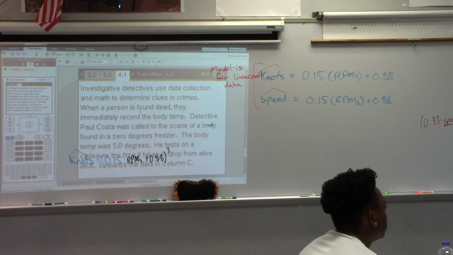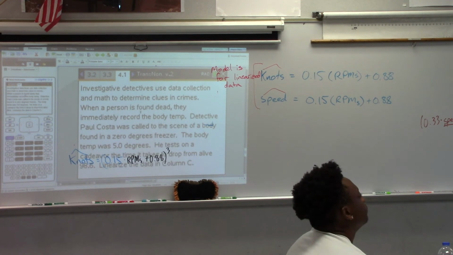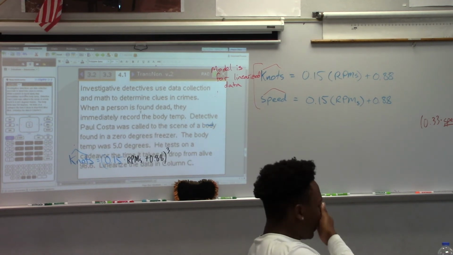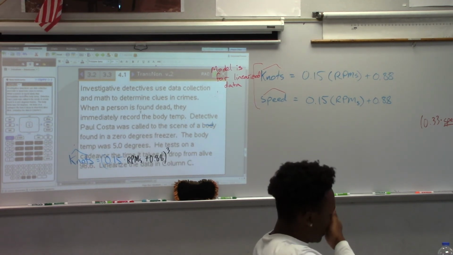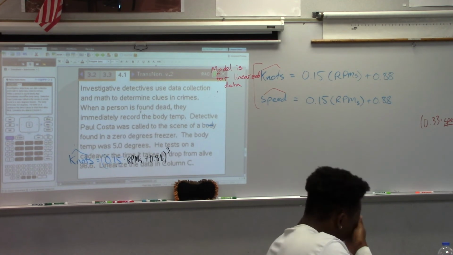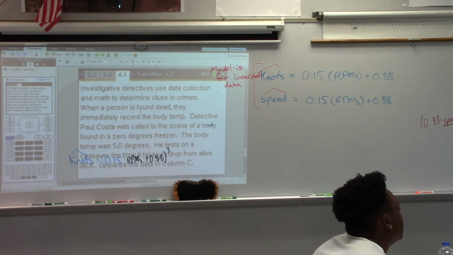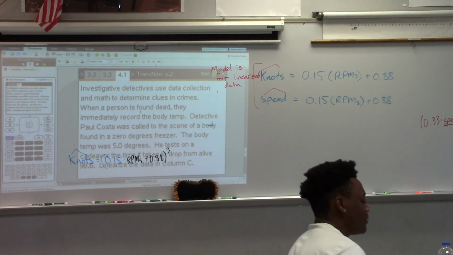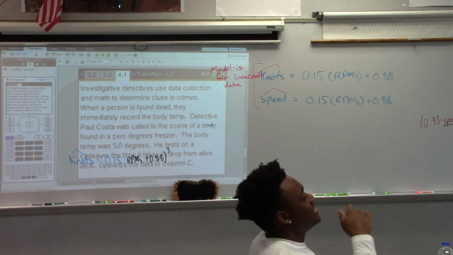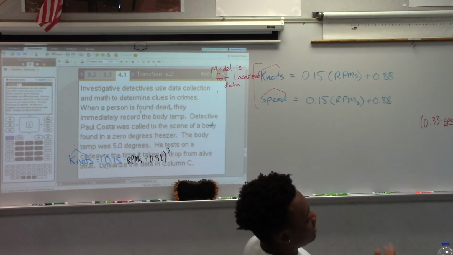Yes, but you can always substitute in for the output to figure out what the input would be, okay? So you have to think about this logically. Would the body temperature depend on how much time has gone by, or would the amount of time gone by depend on what the body temperature is? The amount of time depends on the body temperature.